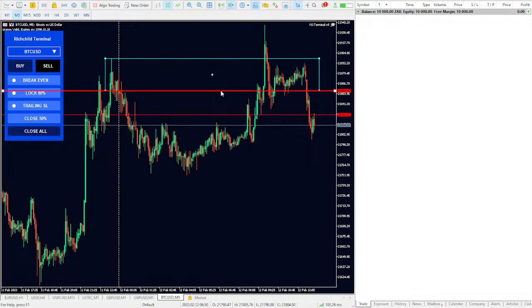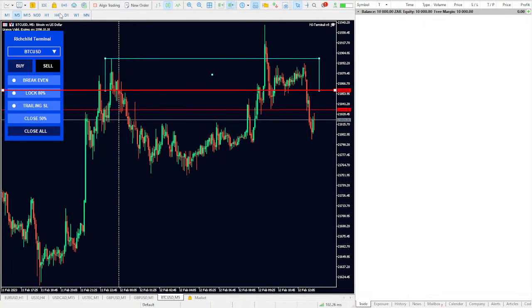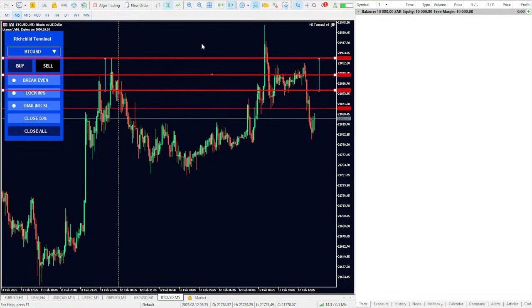Okay, so the phased entries will be like this. We first enter here, and then we'll enter the market when it's here, and we enter the market when it's there. If we want, we can also enter the market when it's there.